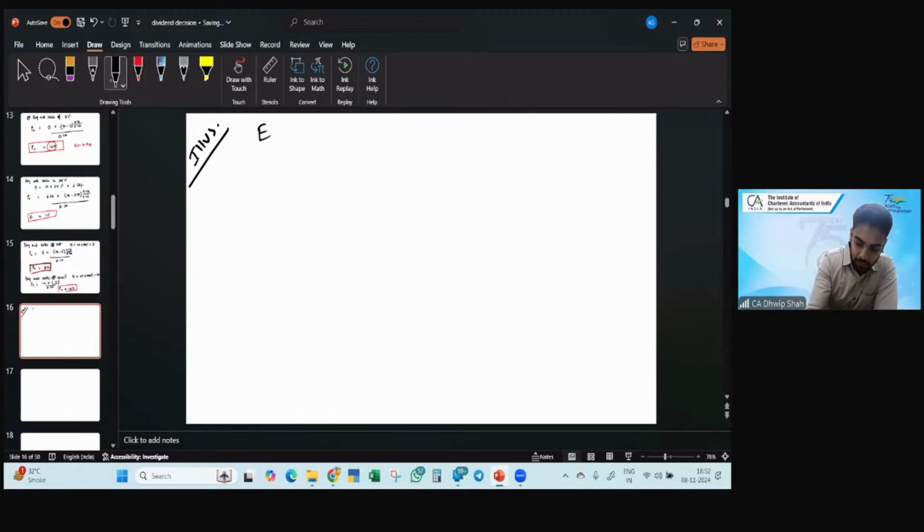Okay? EPS is same. EPS is 10. Now, ROI is, let's say 10% and KE is 12%. Now, let's calculate market price at three different scenarios.